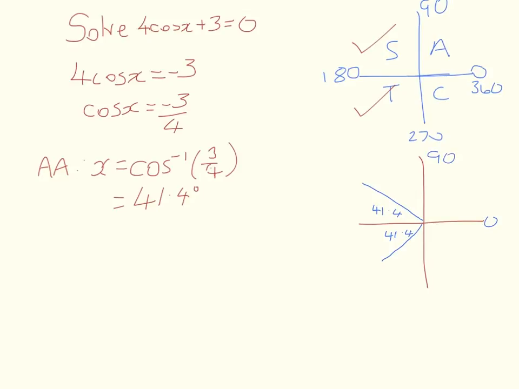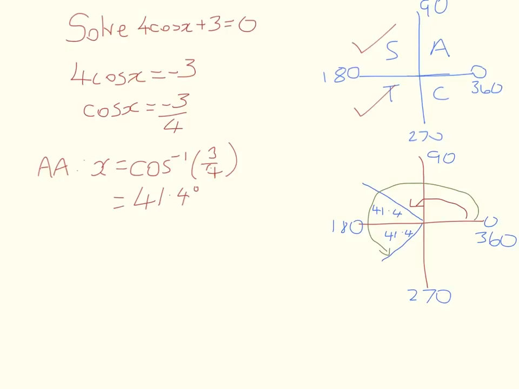And just remember to always put in your values here, 270 and 360. So the angles we are interested in are this first angle here, because we always read it in an anti-clockwise fashion, and then this second angle in here.